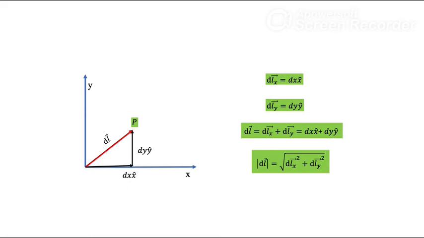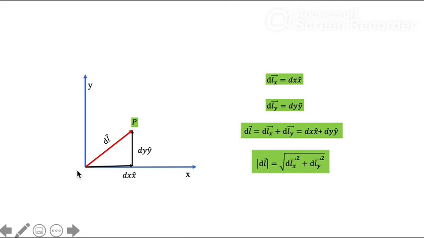I could now move vertically to generate another vector, which is dy y hat. Of course, this dy y hat is actually parallelly translated from this particular vector, so you need to remember that. These vectors I have generated are called line elements.